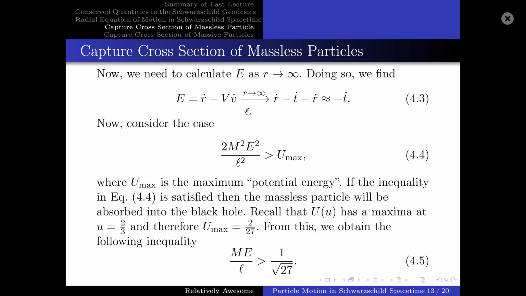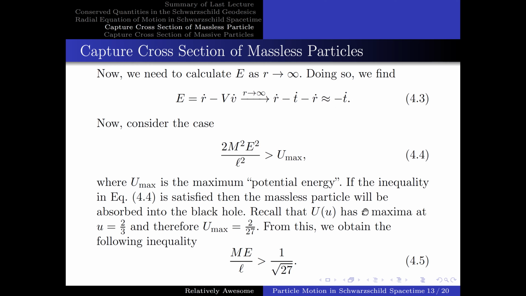Now, to calculate the capture cross-section, we need the energy at r to infinity. Doing so, we find that E is approximately equal to minus t dot. And now, consider the case where the total energy is greater than the maximum potential energy. If the inequality in equation 4.4 is satisfied, the massless particle will be absorbed into the black hole.